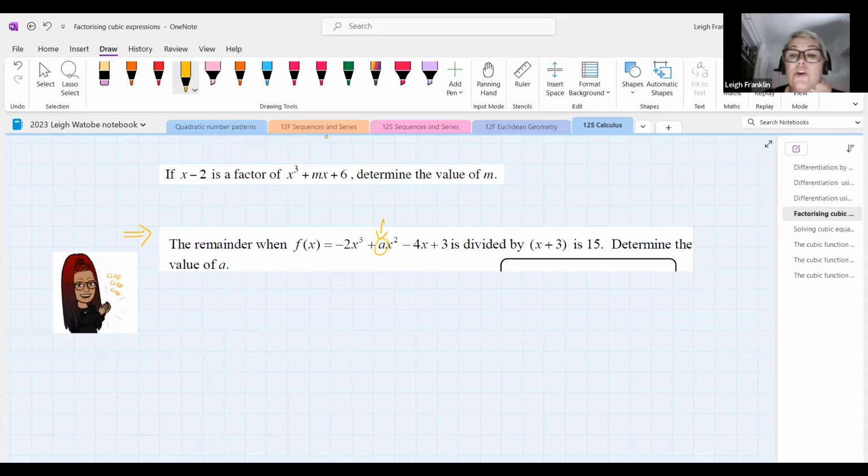All right, so Katleho, you're going to take that x plus 3 and make it equal to 0. So x is equal to -3.